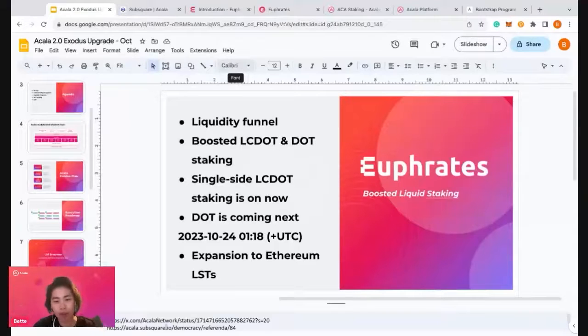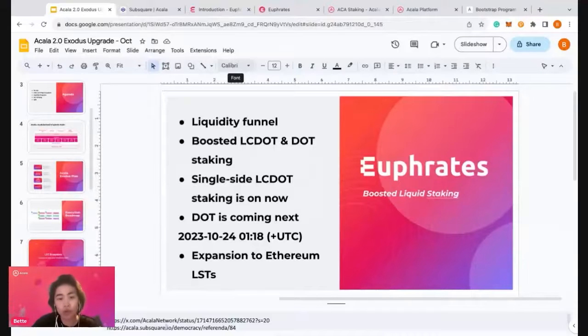If DOT is sitting there doing nothing, it's not productive. If it's sitting there purely just staking, it's also not a productive asset. You have to have DOT in the ecosystem in a liquid form for it to be productive. So a portion of that will have to come through in one way or another in a form like Euphrates to turn the DOT into liquid staking form.